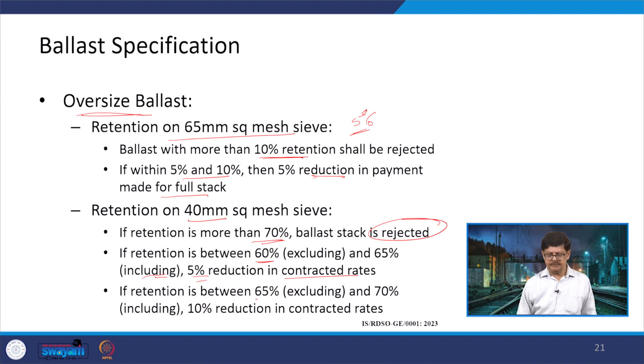If the retention is between 65% excluding and 70%, then a 10% reduction in the contracted rates has to be done. But as soon as it is more than 70%, it has to be rejected. So, we can go up to 70% and use that, but then the penalty has to be imposed. Again, these have been taken from the IS RDSO GE 001 2023 guidelines.